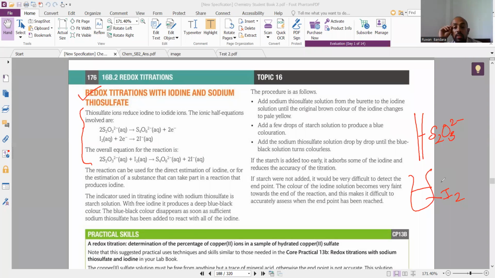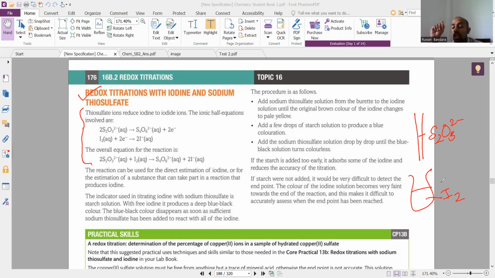But the thing is, it's very difficult to identify that point where the pale yellow solution goes to colorless. Therefore, in order to make the color change clear, you have to add starch. So the indicator for this titration is starch, and the starch will not be added at the beginning of the titration.